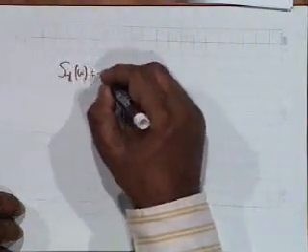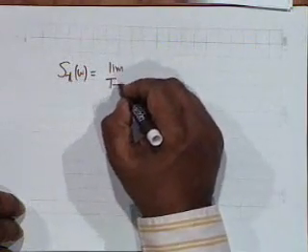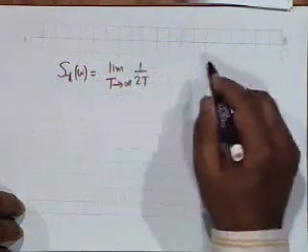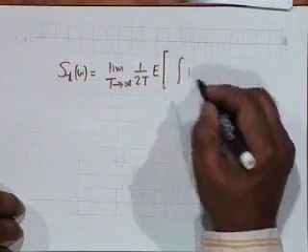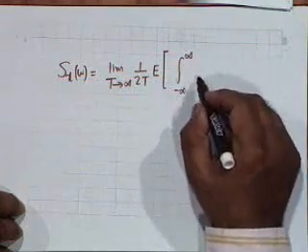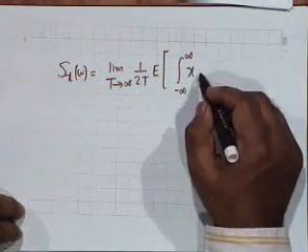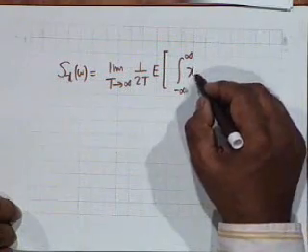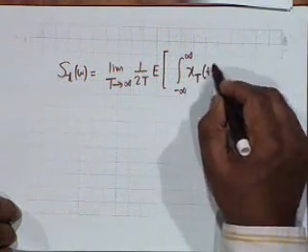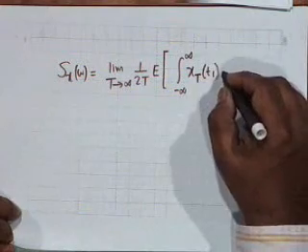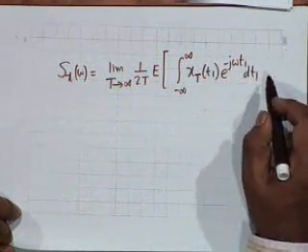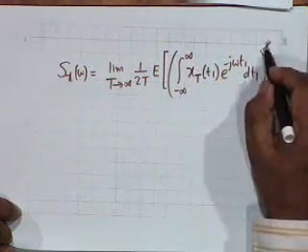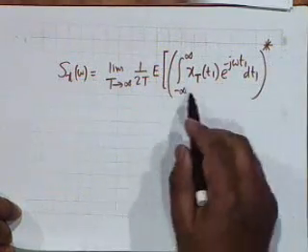This is what I shall do, that is I shall write s x of omega as limit t tends to infinity 1 by 2t, then expected value of, first I will write integral minus infinity to infinity x t t1 e to the minus j omega t1 dt1 conjugate of this.